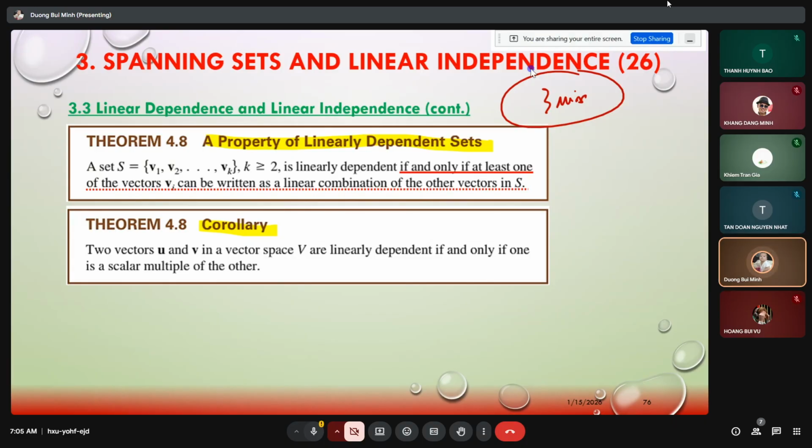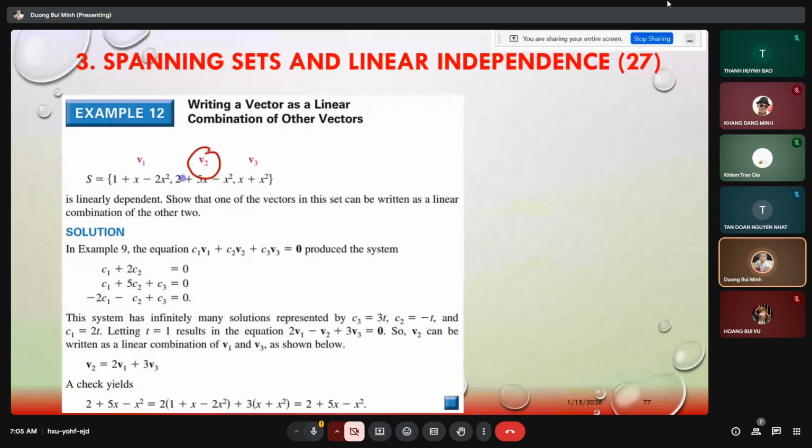If you recognize that any vector Vi in this set S is a linear combination of the other vectors, then the set is linearly dependent. And this one is scalar multiplication. For example, we can recognize V2 equals 2V1 plus 3V2.